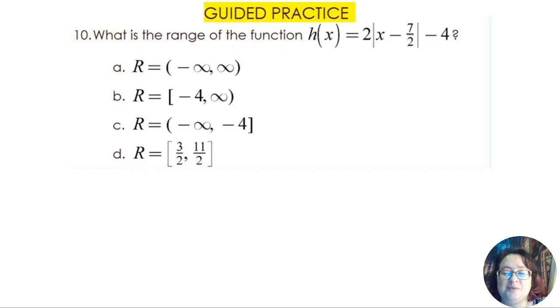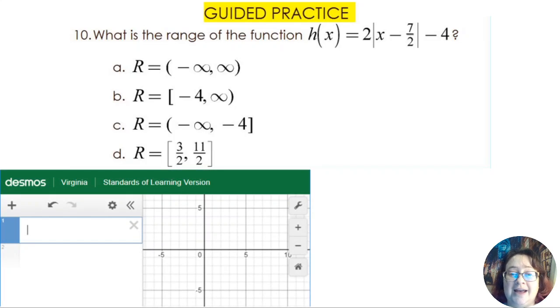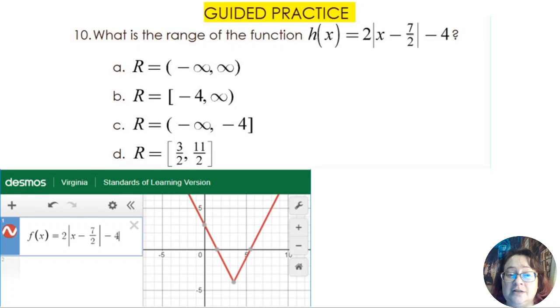Number 10, last one. Since I don't have a picture, again, I go to Desmos. I type in our equation, and I get my picture. We're looking at range. I know it is not all real numbers. A says all real numbers. I'm going to mark that out. If I look here as well, D gives me 2 fractions, and it says it's in between those numbers.